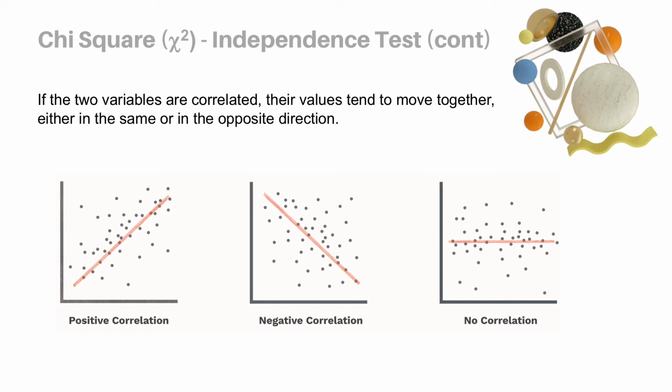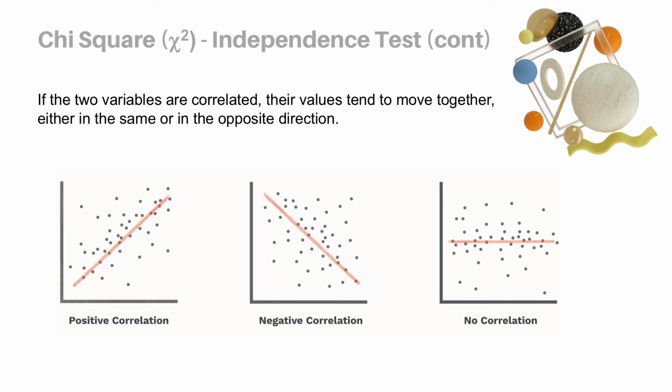In the second example, we can see that the values of the two variables move in the opposite direction. One is increasing and another one is decreasing. There is still a correlation between the two variables, but in an opposite way, and we name it negative correlation.